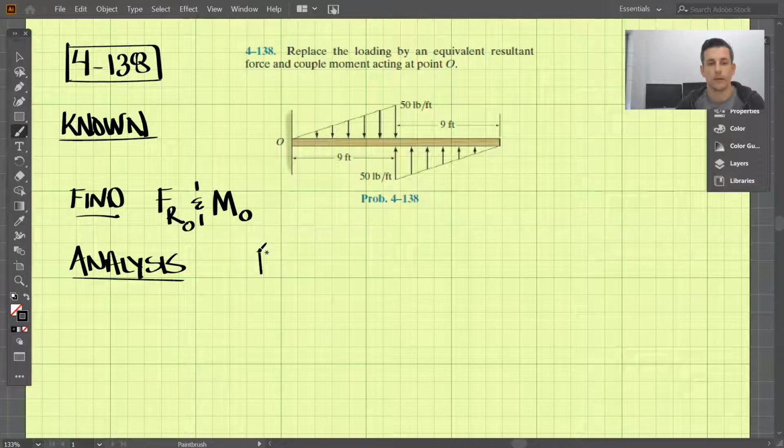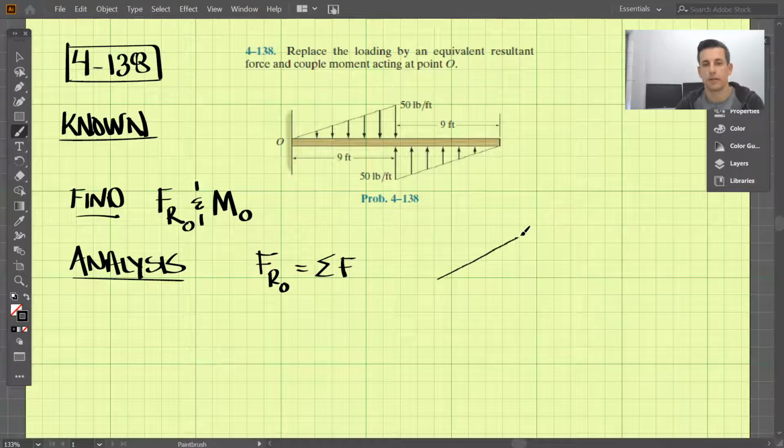So let's just start out by the resultant force at O is just going to be equal to the sum of all the forces. Now we have a triangle here, and the area underneath this triangle is just going to be the total force.